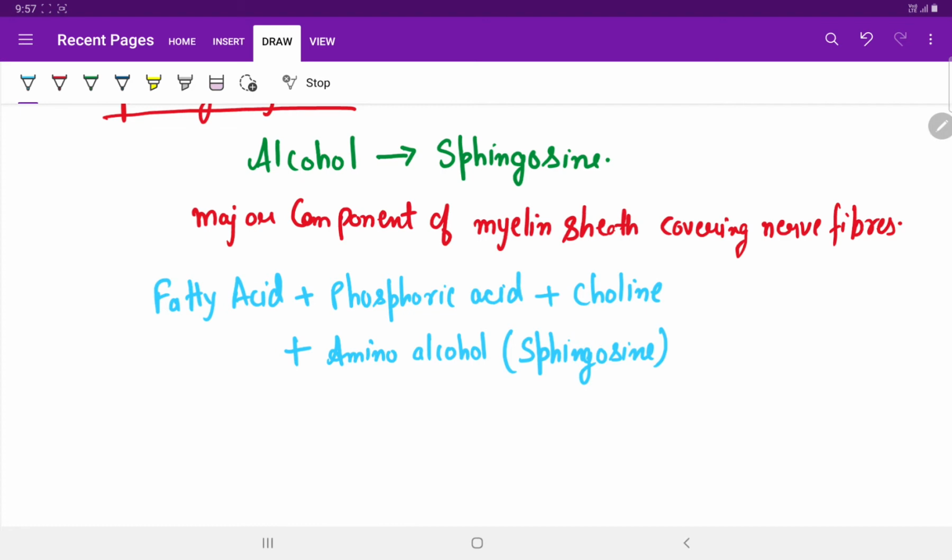So students remember, no glycerol is present. Don't get confused. Glycerol is not present in this.